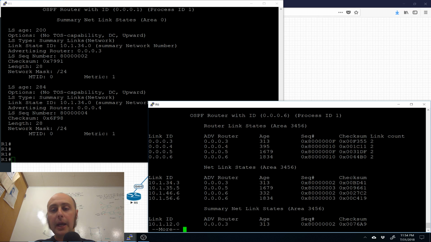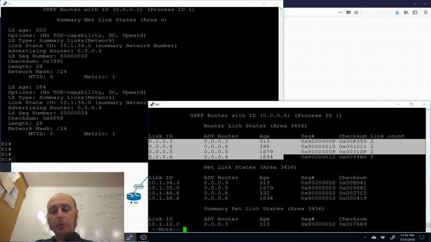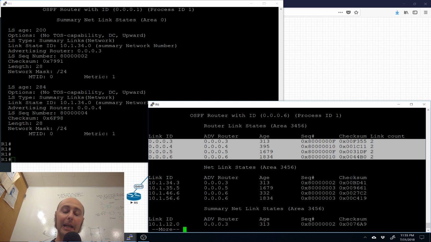And again, this is for area 3456, and we're seeing all of our routers that are participating in that area. Every router within the area has to send out LSA type 1s, which are router LSAs, which are going to tell the rest of the area about the links from that router participating in OSPF in that area.